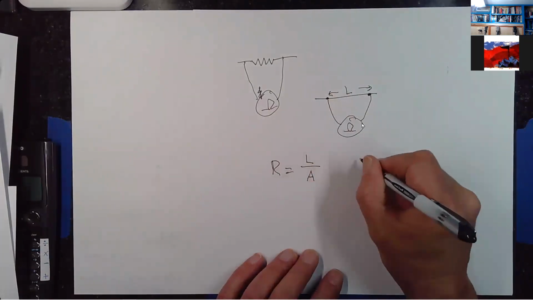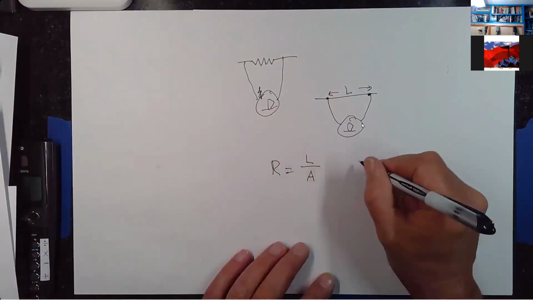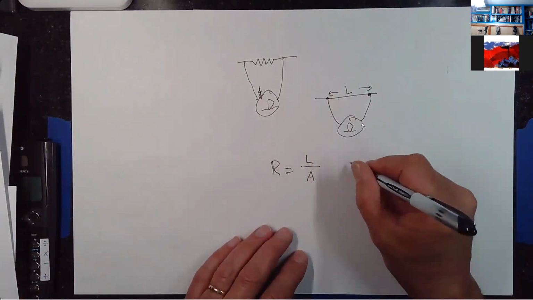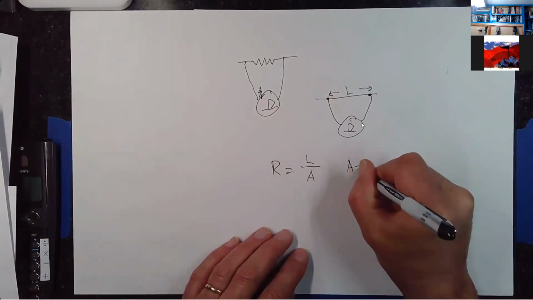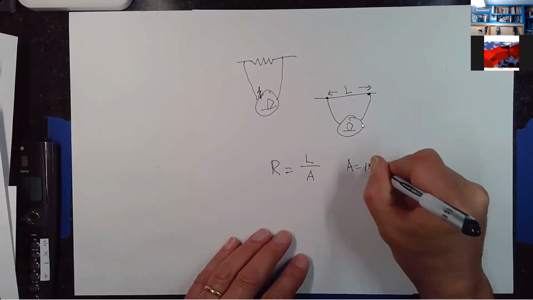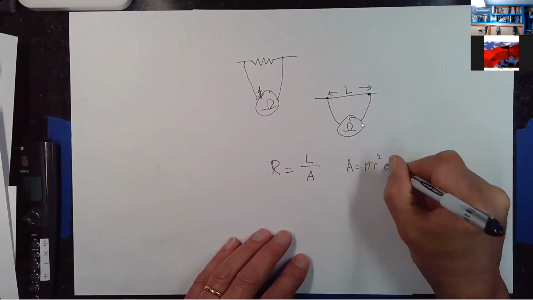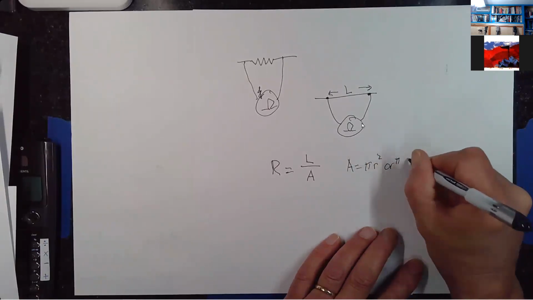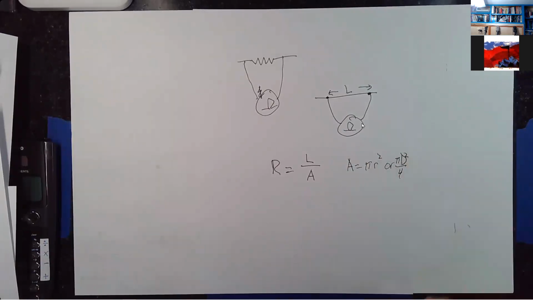So L is length, A is area. And generally, wires are circular, and so the area will end up being either pi r squared, or more often you're given the diameter of the wire, so it would be pi times the diameter squared divided by 4.